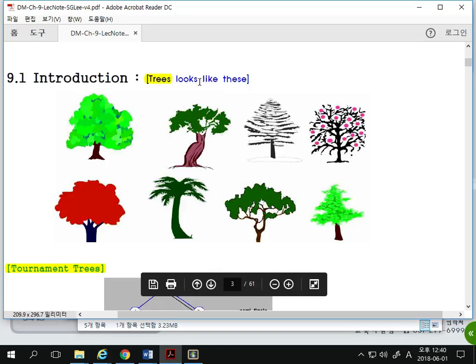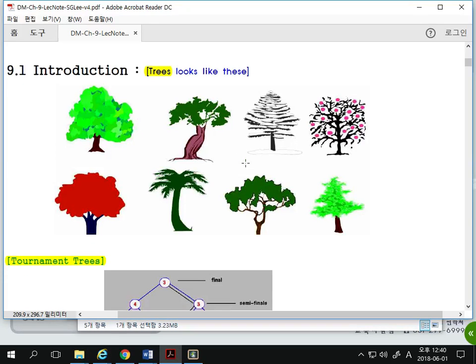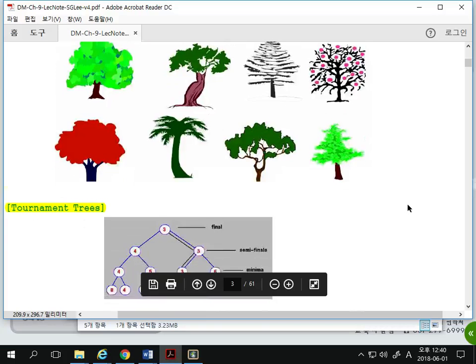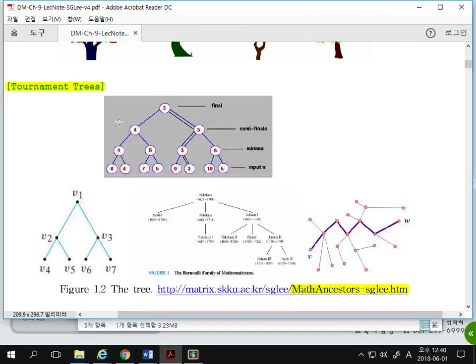Okay, trees look like this. And a place that has a lot of trees like this can be called a forest. You have seen this type of graph for the NCAA tournament and other sports events.